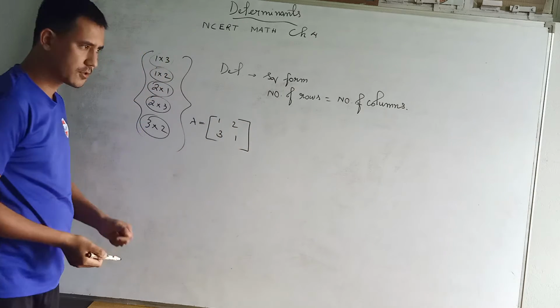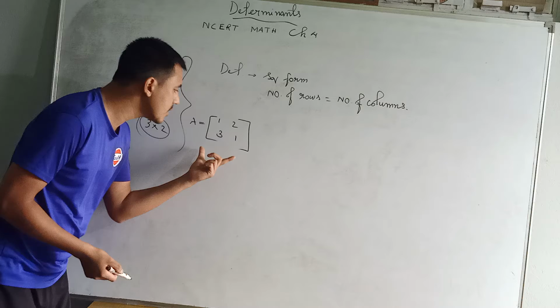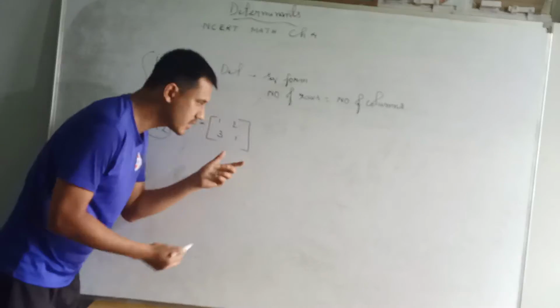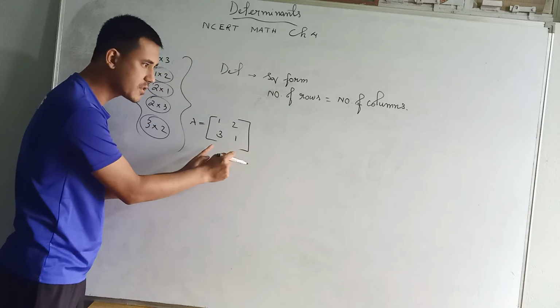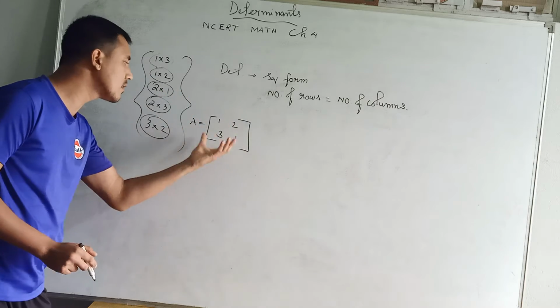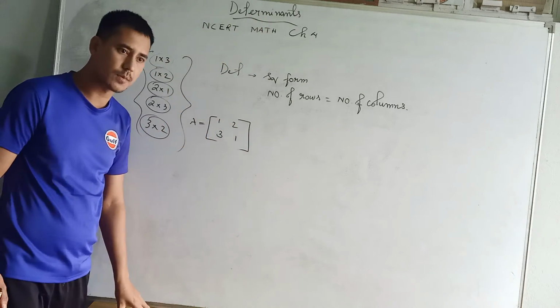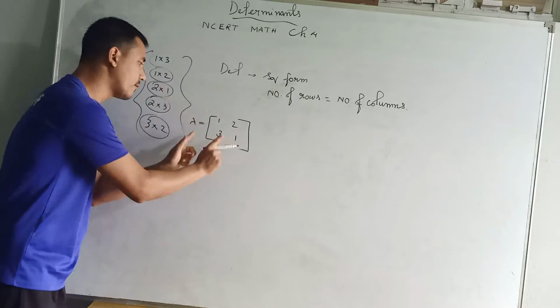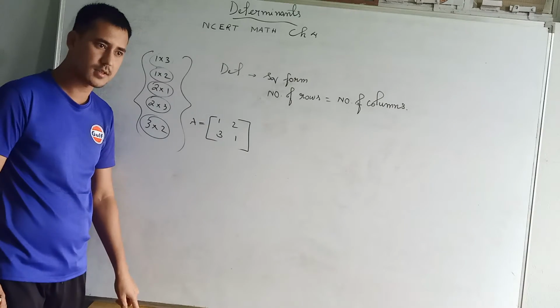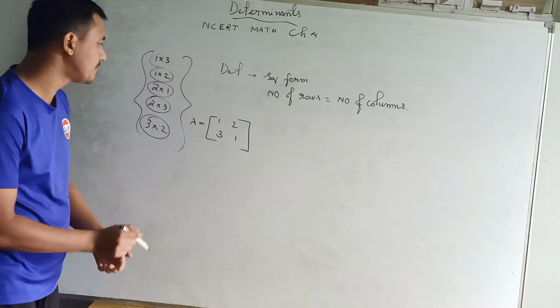A is just an arrangement. In order to find out the numerical value of this matrix A, this is where the determinant comes into play. Using determinant, we find the numerical value of a matrix. Is it okay?